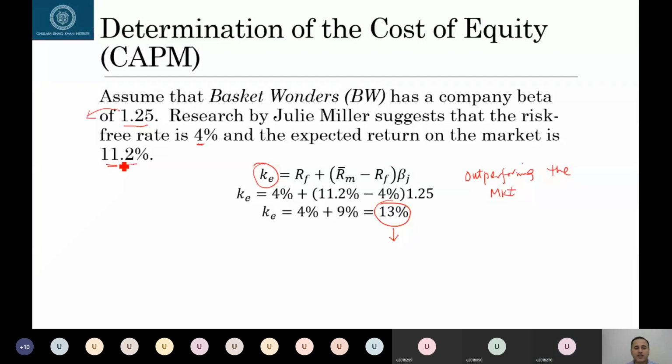The market portfolio is getting you 11.2%, but this particular stock is making you 13%. But again, the downside is, what if the market moves in a downward direction? What if the market loses? Of course, your losses will also be enlarged because of that beta.